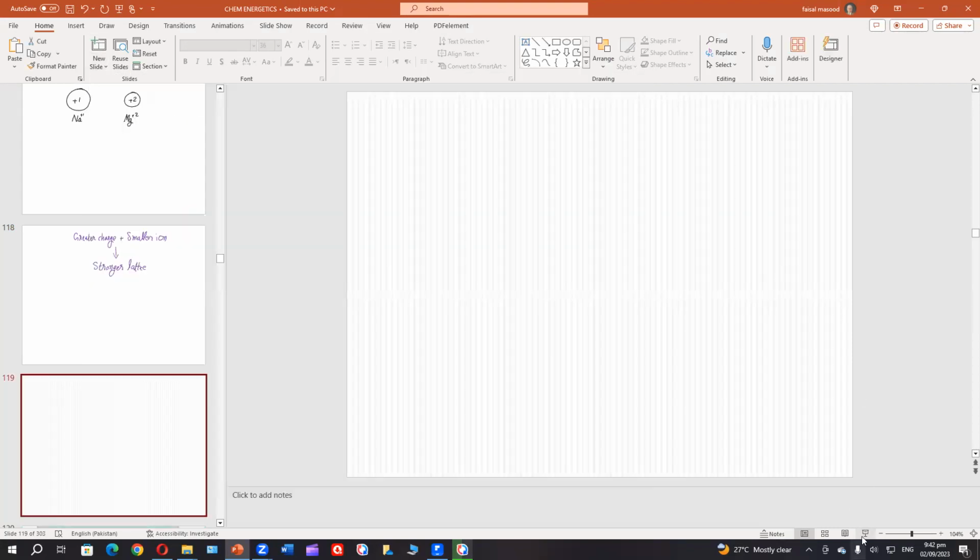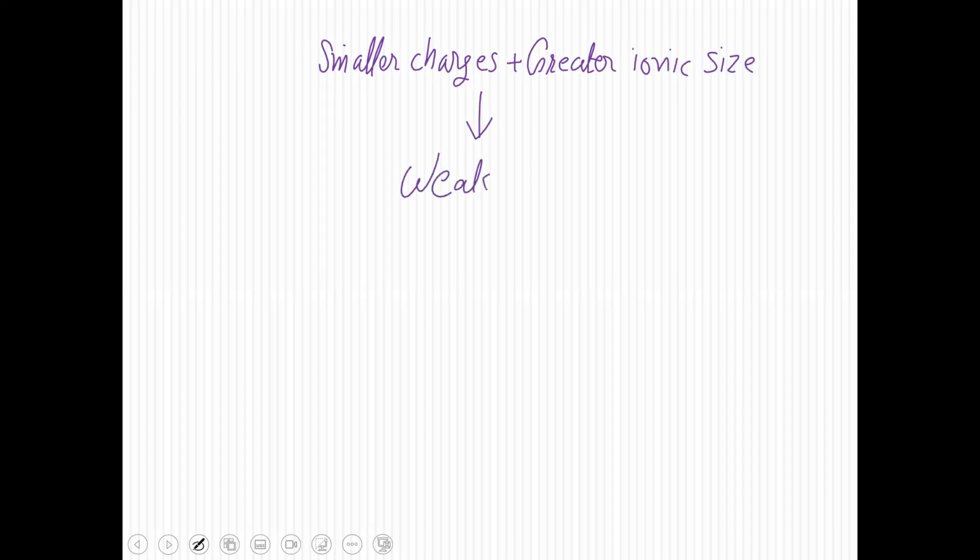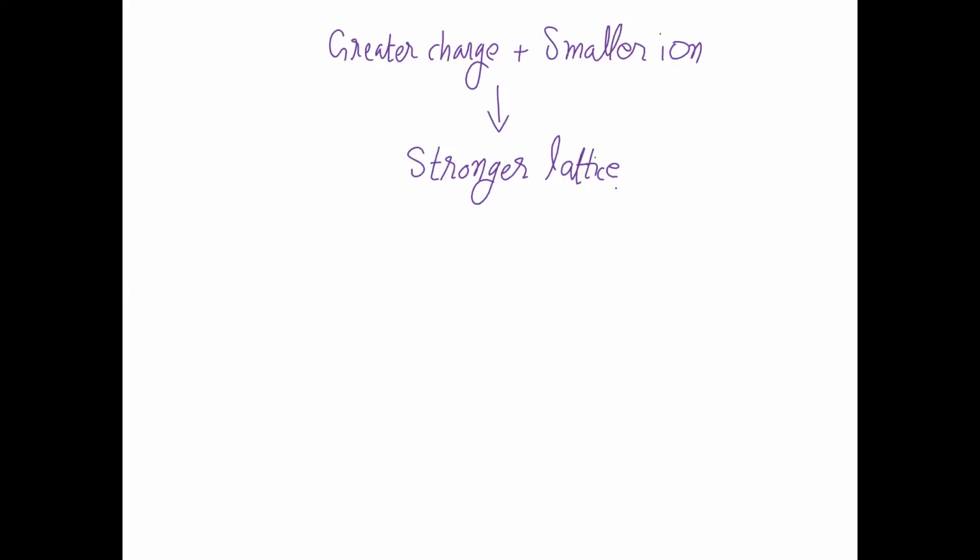So if we reverse it: smaller charges plus greater ions, ionic size, it will give you a weaker lattice.